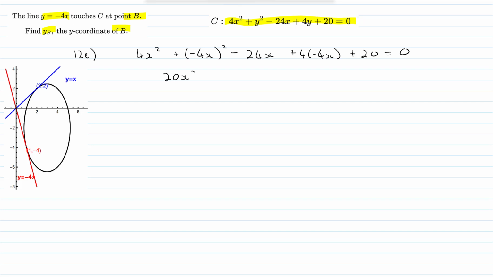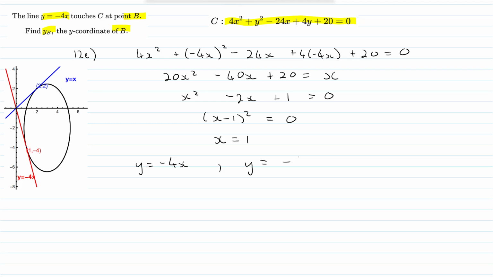So we're going to get 20x squared, and then the x parts, so you end up with minus 24x and then minus 16x, so that's minus 40x, and then plus 20 is equal to 0, which simplifies quite nicely to x squared minus 2x plus 1, and that is just (x minus 1) squared equal to 0, so therefore x is equal to 1, and we're also given y is equal to -4x, so y is equal to -4 times 1, -4.